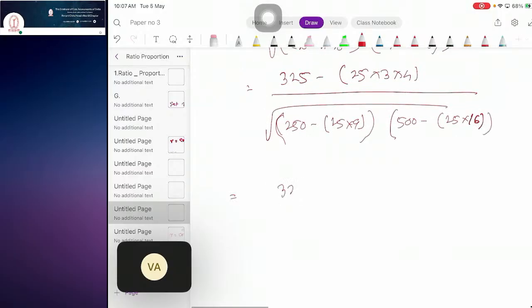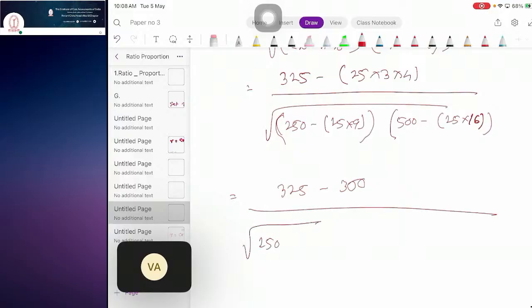So 25 minus. Now let's do the multiplication. 25 multiply by 3 multiply by 4, that value is 300.